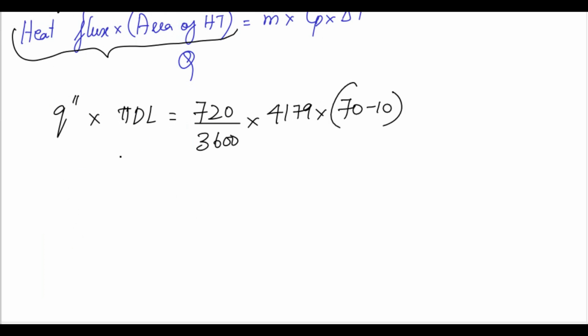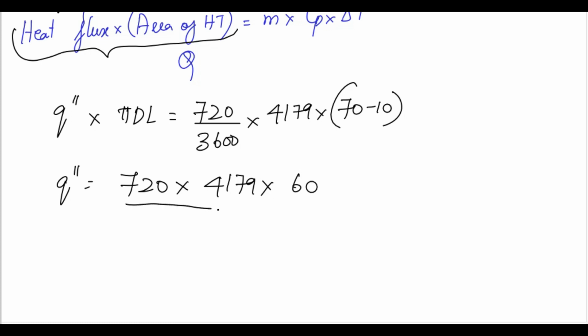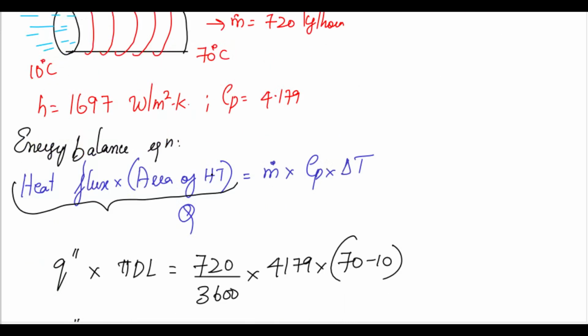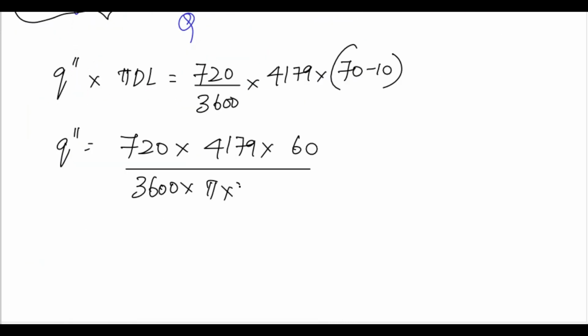Now we have only one unknown. D is given, L is given, so just substitute. So 720 divided by 3600, into 4179, into 60, divided by pi into the diameter, which is 3 centimeter, divided by 100, and the length of 20 meters.